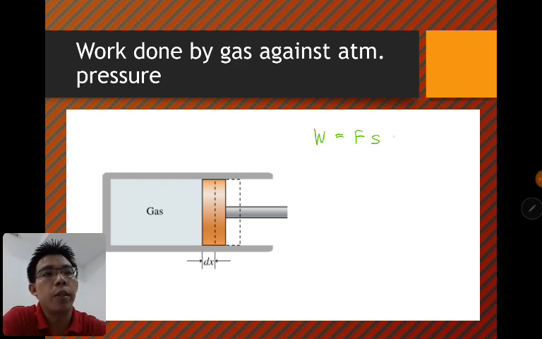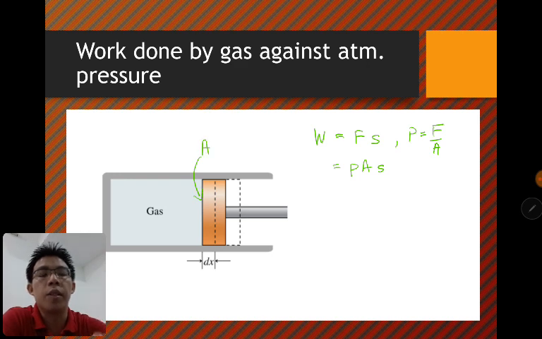So what we can do is change the force into terms of pressure and the area that the force is exerting on. So F changes into pressure times area, and the S. The area in this case is basically the cross-sectional area of the piston, so that would be something like a circular shape.